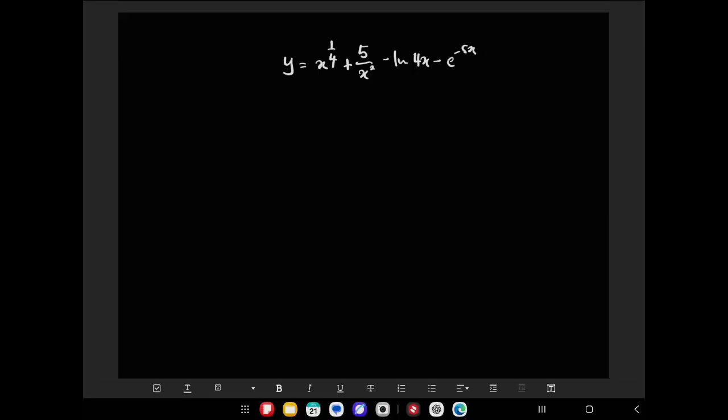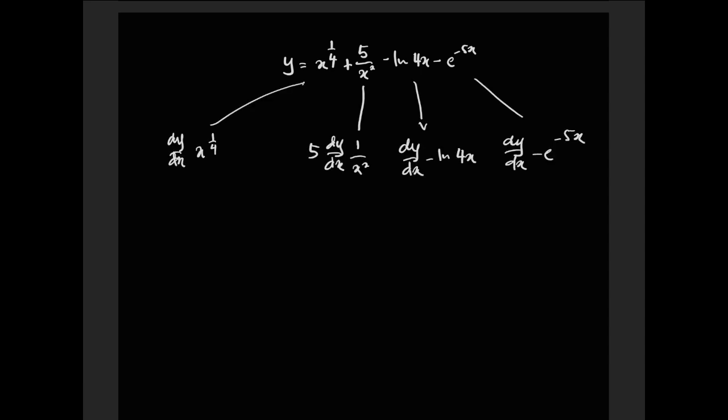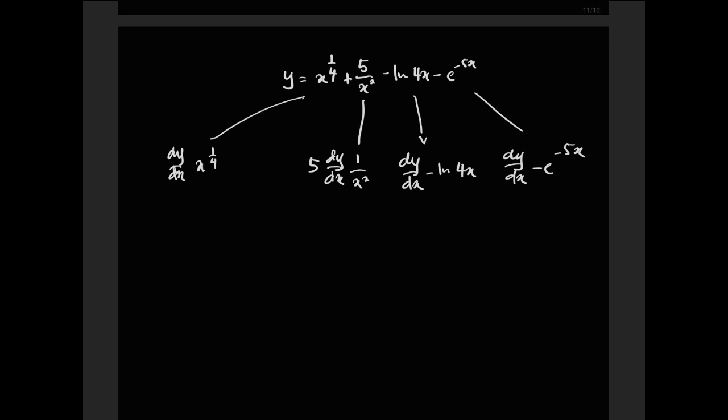For this one, again, 4 terms of mix between addition and subtraction, and all the 4 terms look quite direct and not complicated. So the first one actually can be solved by using power rule. The second one, again power rule. Some of us might not realize it, but this is actually a constant that is being multiplied with 1 over x squared.